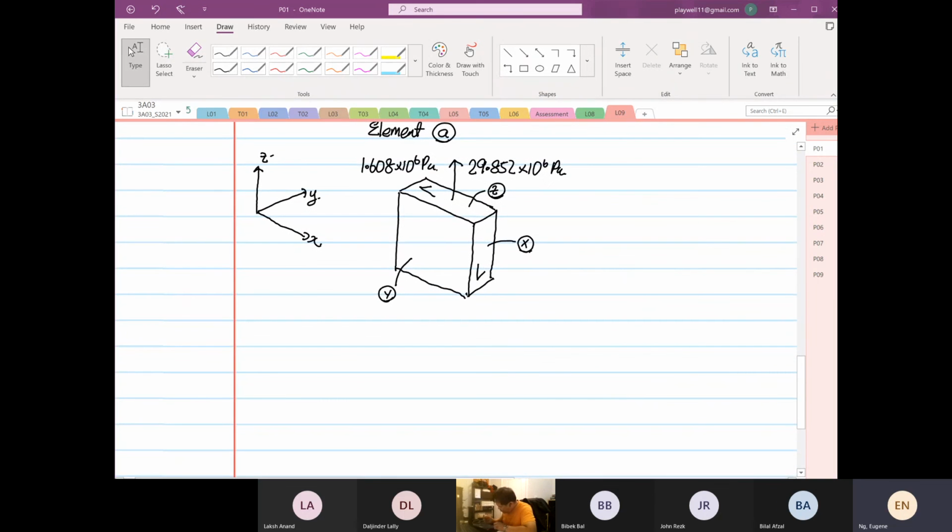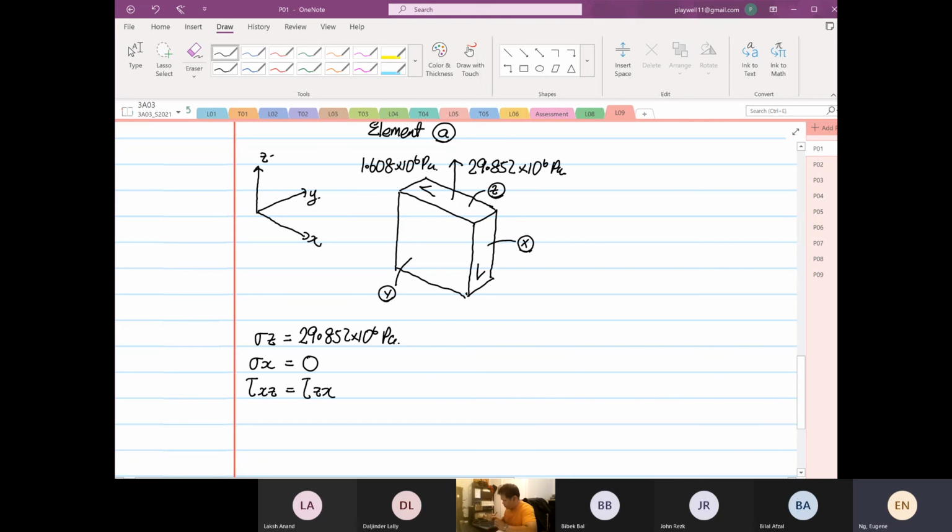So over here, we know that stress Z is equal to 29.852 times 10 to the power 6 Pascal. We know that stress X is equal to 0. We also know that the shear on the XZ direction is equal to shear in the ZX.